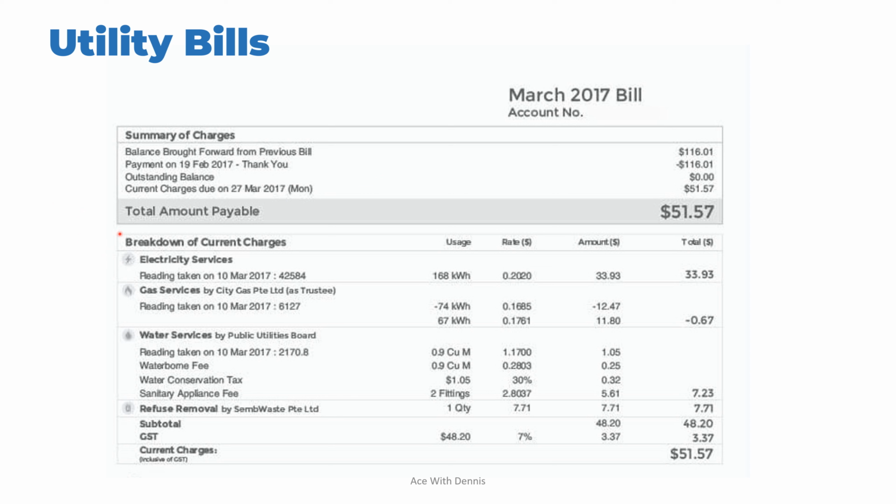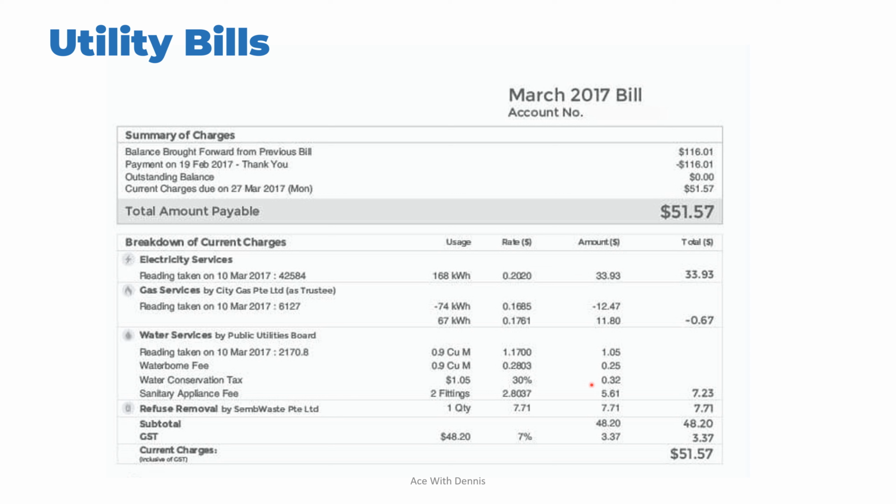Followed by the next section, which is the breakdown of the current charges. Basically, utility bills are split into 3 categories. The first one is the electricity services, then the gas services, and the water services. The other small part is the refuse removal. This column shows the usage of the service, followed by the rate and the amount.